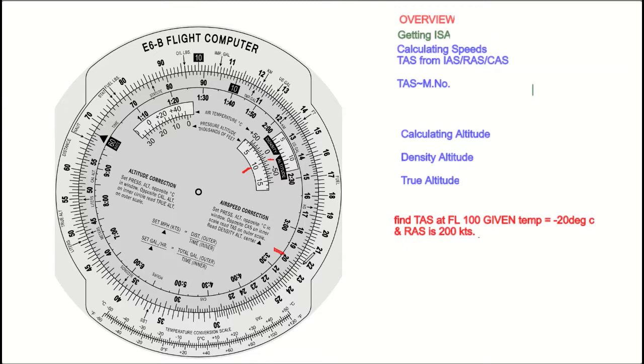That means each window is of 2 knots. So against 200 I am reading about 225, 226 knots. So the answer I get from here is 226 knots.